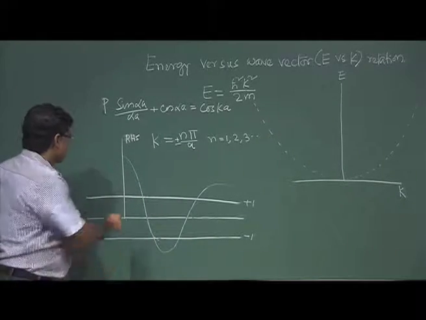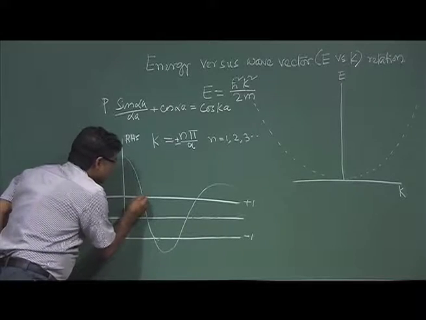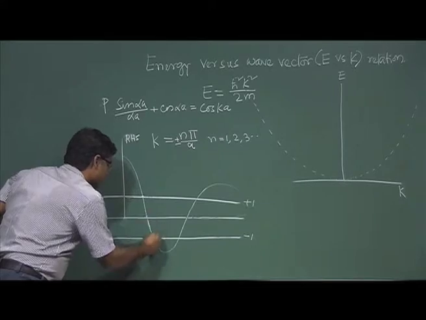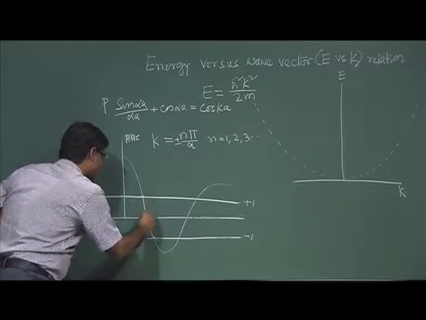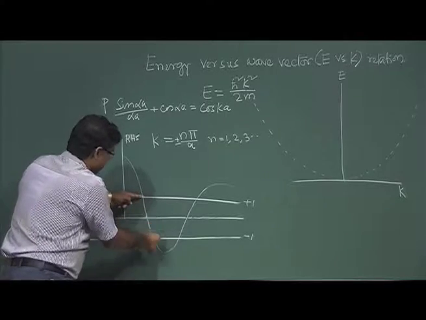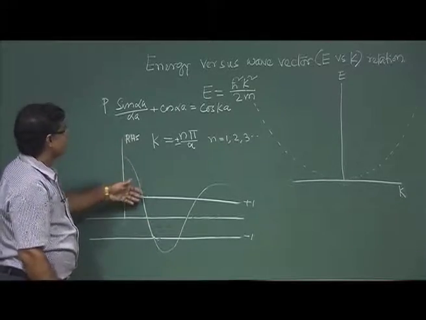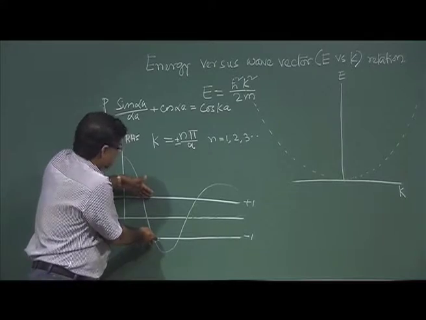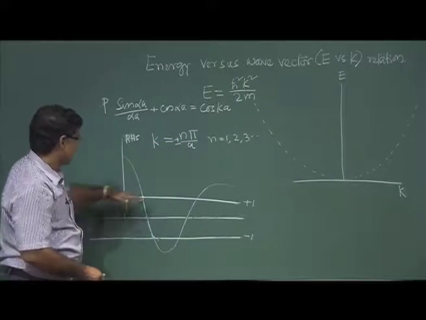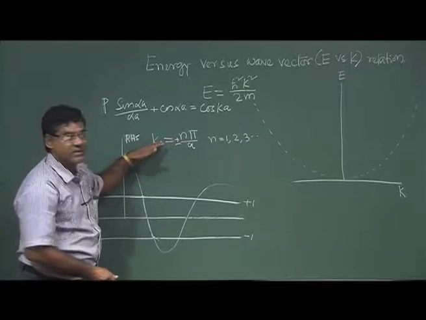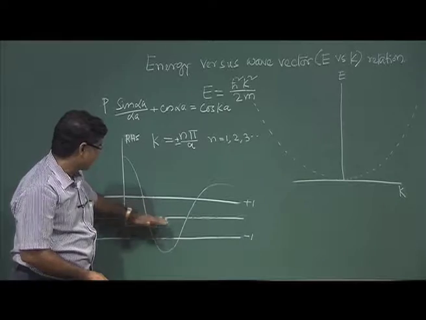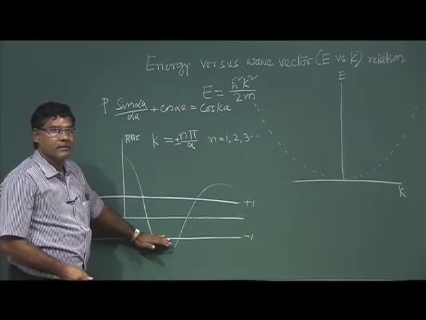So this and this point, if we consider, these are the k values that are allowed. These are giving extreme points +1 and -1.